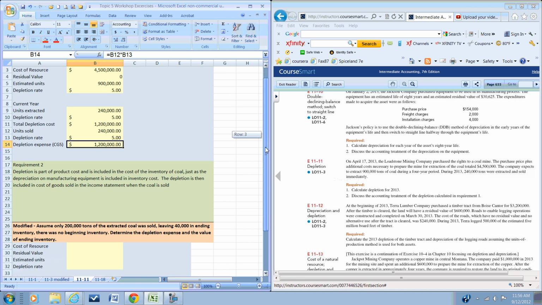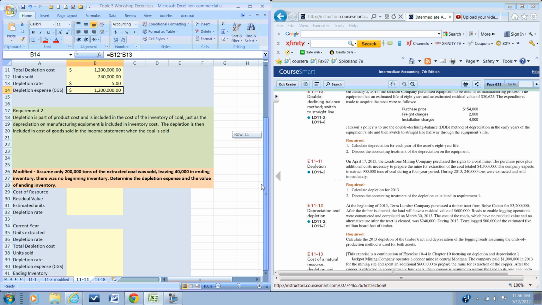So let's change around this problem a little bit and say, what would happen if we only extracted 200,000 tons of coal, leaving 40,000 tons in inventory? So again, we would look at our depletion rate.